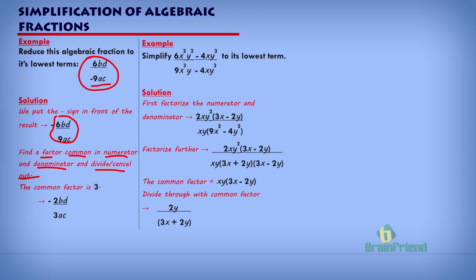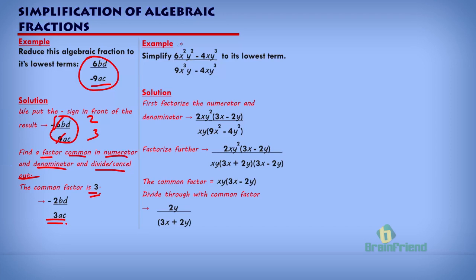For b, d, a, c, there is nothing common, but 6 and 9, of course, we have something common. 3 can divide into 6 and also divide into 9. So we do that. The common factor is 3. We divide the top, which is 6, by 3 to get 2. Divide 9 by 3 to get 3. And we have a simplified algebraic fraction, which is minus 2bd all over 3ac. That's quite a very simple one.